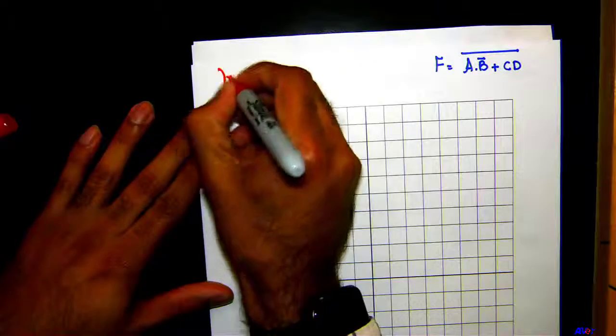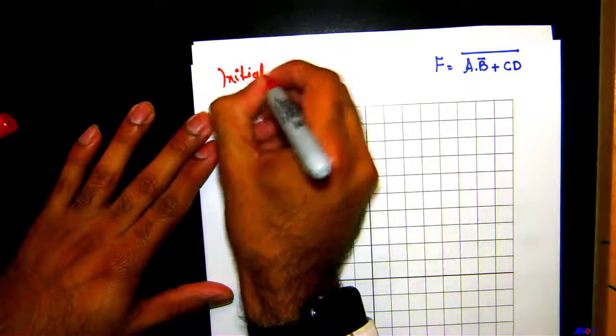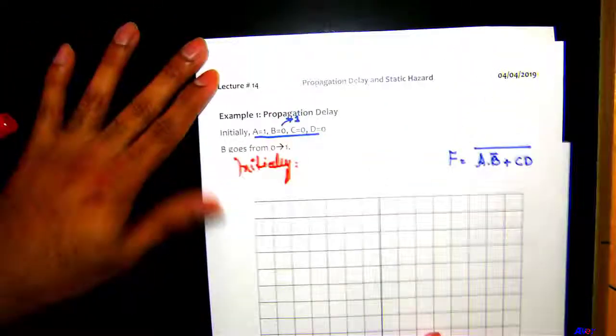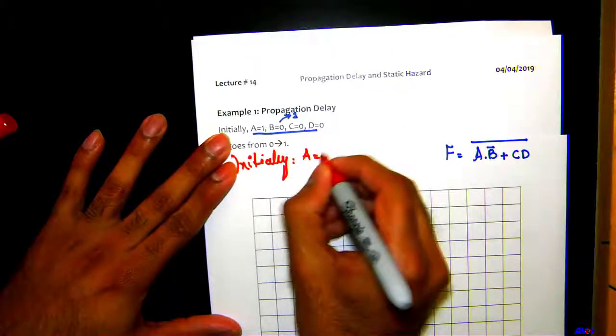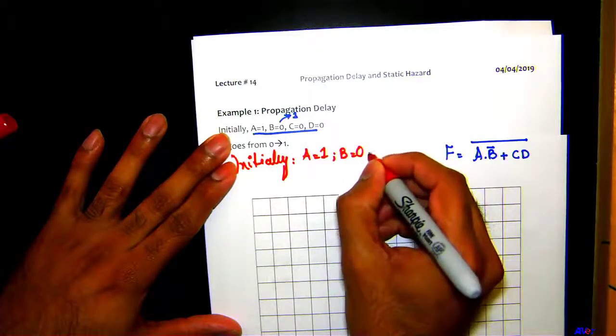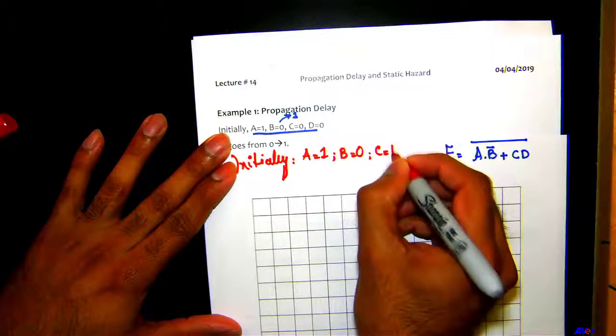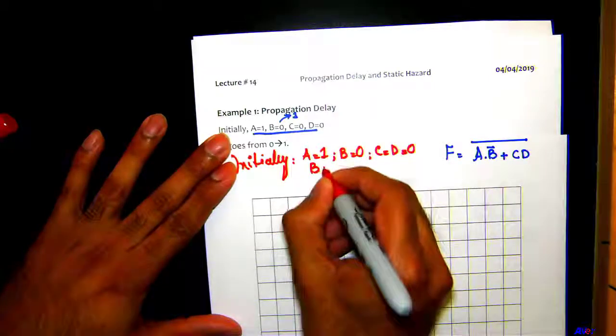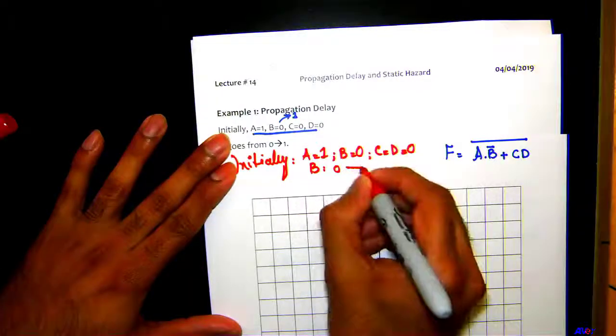Initially, we had A equals 1, B equals 0, C and D both equal to 0, and then B goes from 0 to 1.